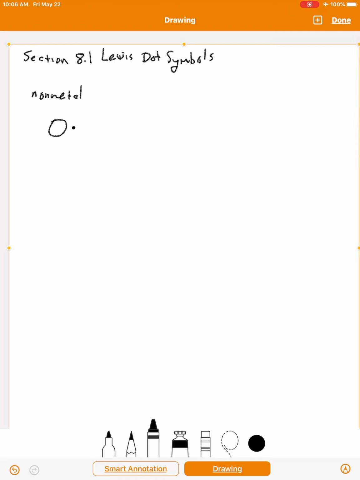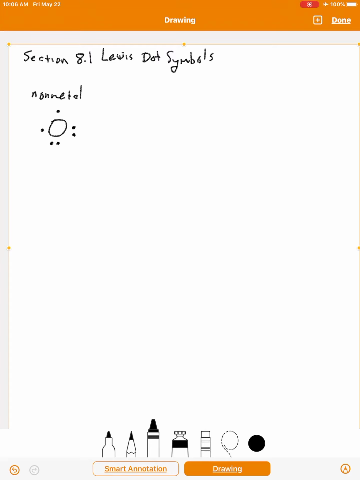So 1, 2, 3, 4, 5, 6. Now sometimes you'll see where they put 2 dots and where they put 1 dot. That's not that important. The point is that you have 2 pairs, and each pair is on a corner of this box, and then you have 2 individual dots, 2 individual valence electrons. Okay, so there's your Lewis dot symbol for oxygen.